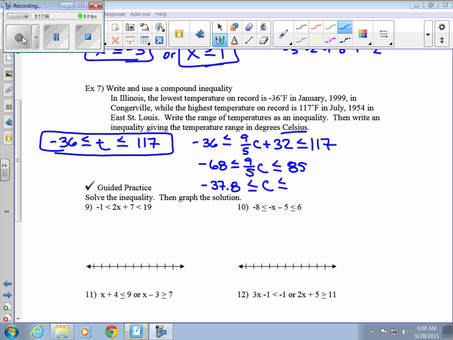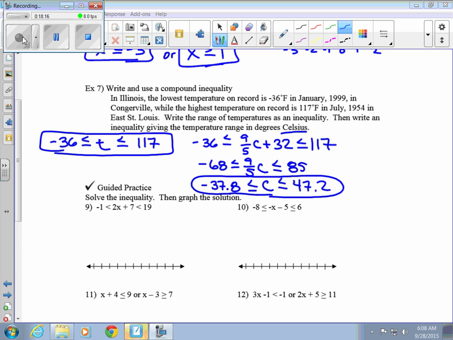And if we take the 85 times 5/9, we are going to get approximately 47.2. And so now that's what we have there. And we've written our inequality for the temperatures in degrees Celsius.